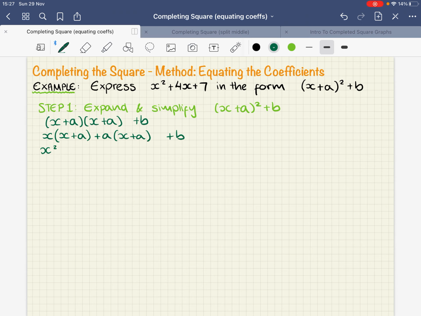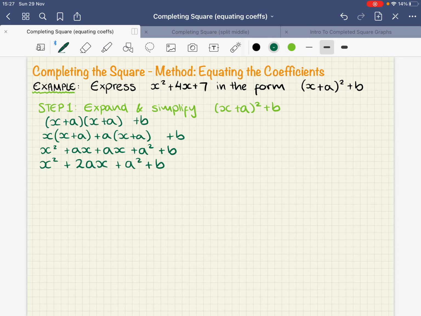Expand it out, so I've got x squared plus ax plus ax plus a squared plus b. And then I want to collect my like terms. So my only like term is this ax plus ax. I've got two of them, so I can just simply say plus 2ax. So that is that bracket all expanded and simplified.